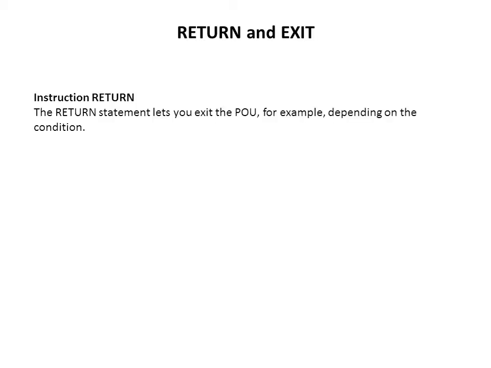There are some instructions, RETURN and EXIT, that we use in our ST programs. Instruction RETURN: the return statement lets you exit the POU, for example, depending on some conditions.